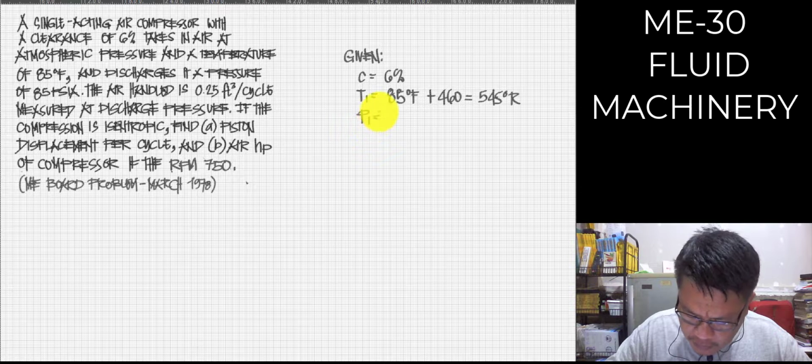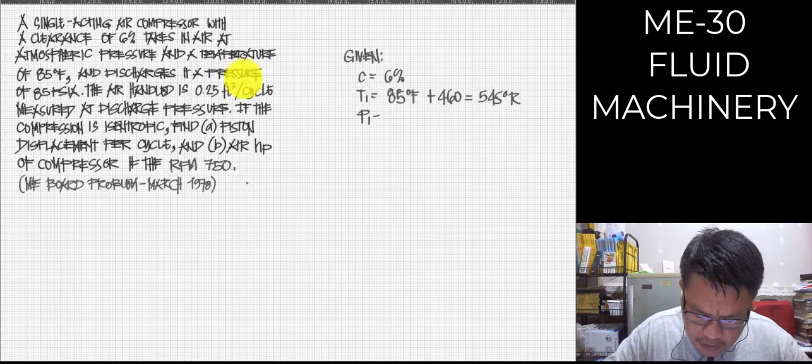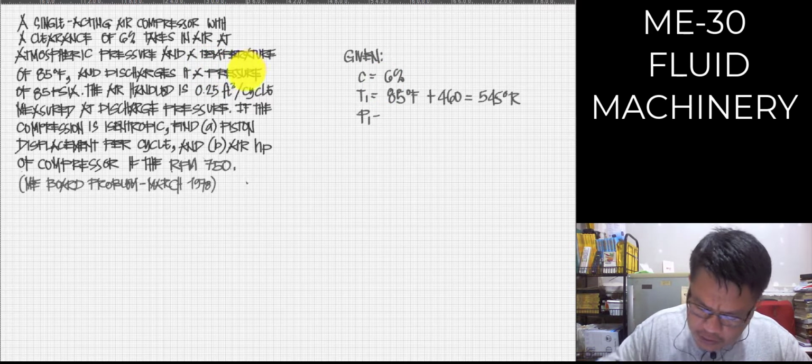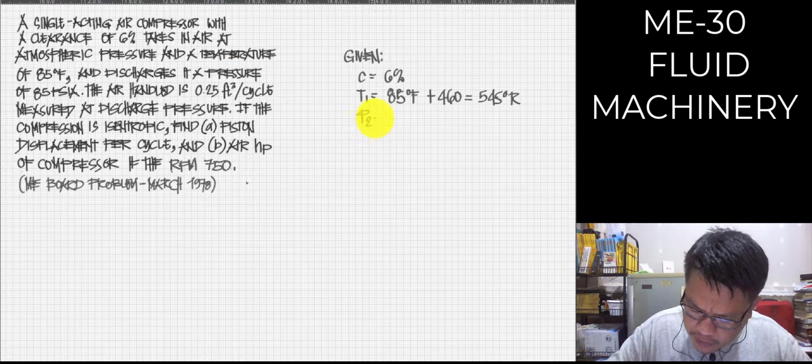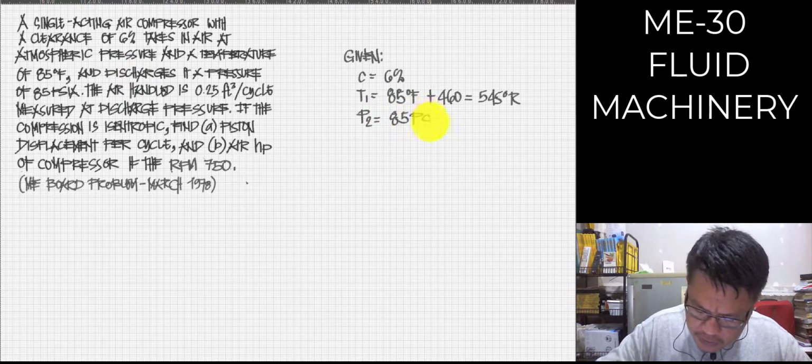And it has a discharge pressure of P sub 1. Sorry, this is not P sub 1; since it is a discharge pressure, this will become P sub 2, as stated in the problem. That is 85 psi, where A stands for absolute.